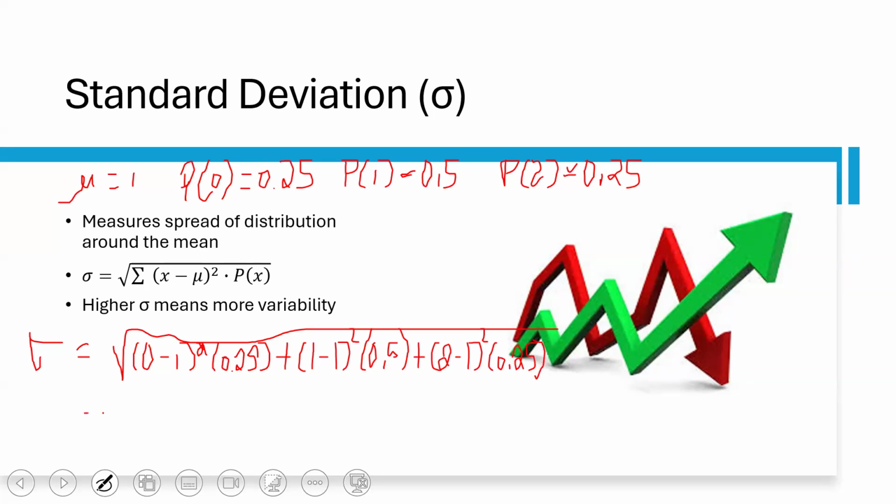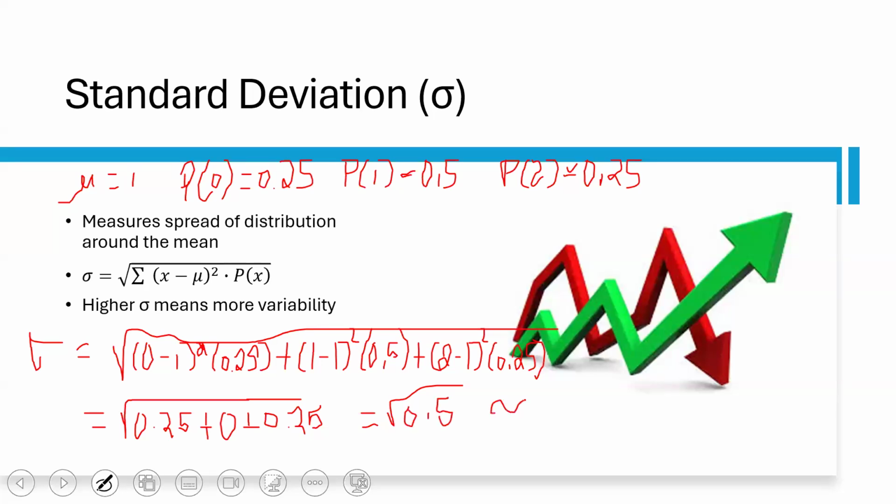All right, so that is the square root of, this would be 1 times 0.25, plus that would be 0, so that whole term would be 0. That would be 1 times 0.25. So we would get the square root of 0.5, which is about 0.707.